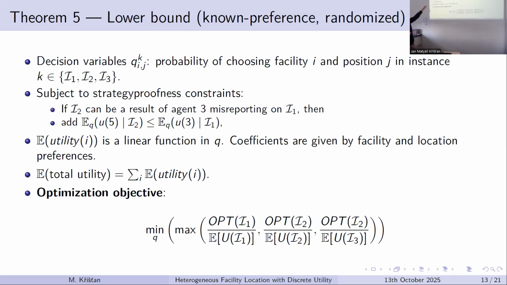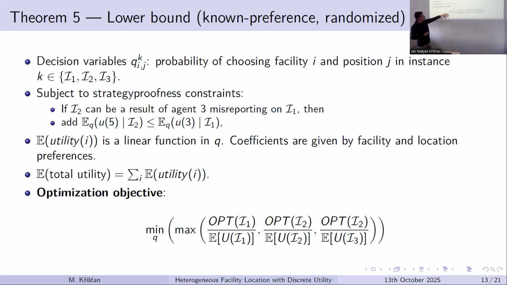Then the expected value of the utility is just a linear function in q. The coefficients come from the inputs that we have, the facility and location preferences. And the expected total utility is still a linear function of this.